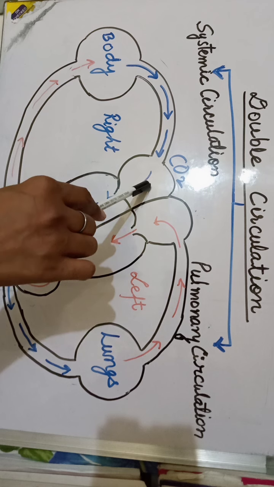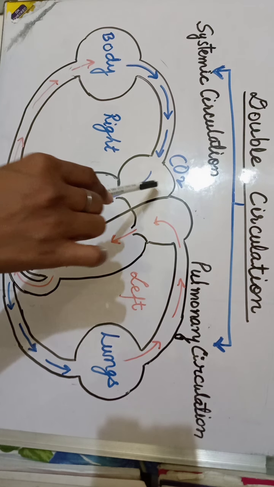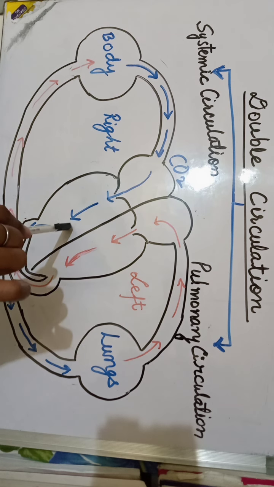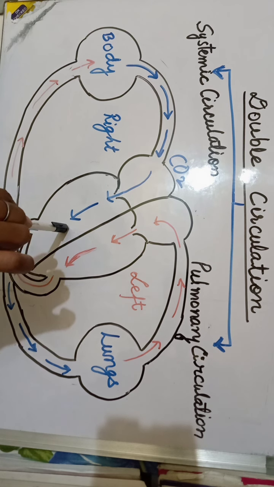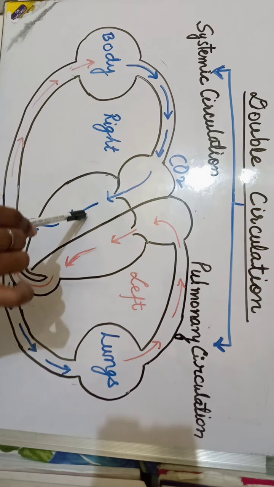In this chamber, the deoxygenated blood comes to the other bigger chamber, the right ventricle. So this is how the systemic circulation is completed.